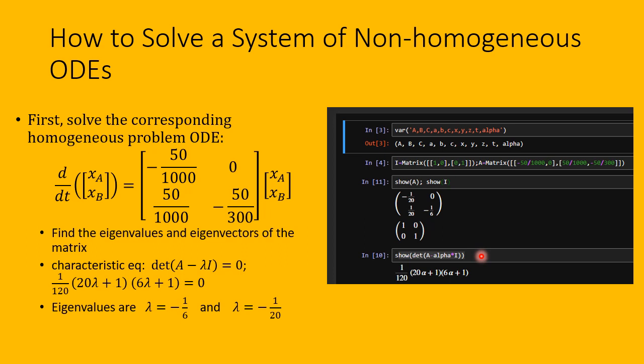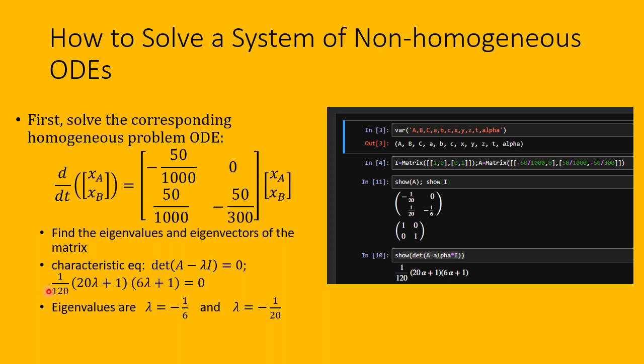So we'll pick a different Greek letter. So the determinant of A minus alpha I, which I wrote here basically as lambda I instead, is given down here as 1/120th times 20 lambda plus 1 times the factor 6 lambda plus 1.